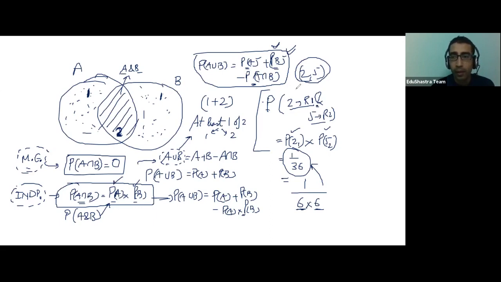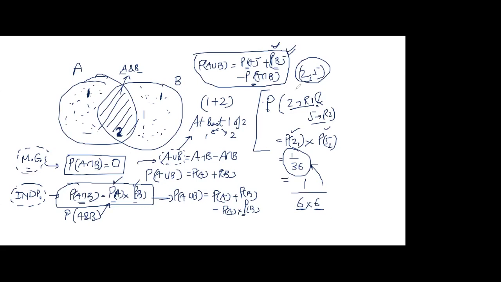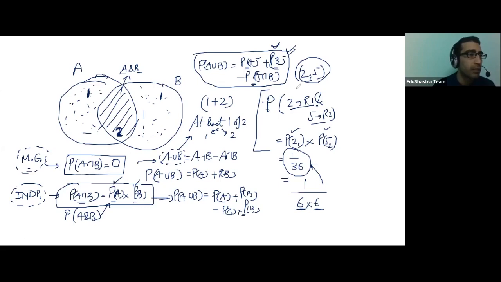Okay, good. Any other problem, guys? I wonder whether we will apply the A union B formula in case the question says: what is the probability of getting a 2 or a 5 on the roll of a dice the first time?